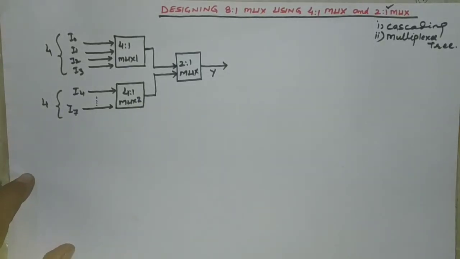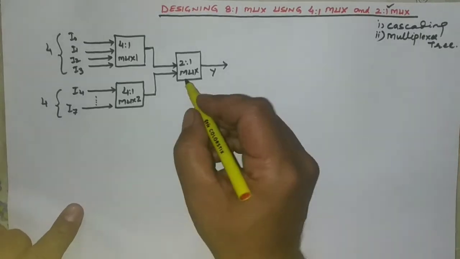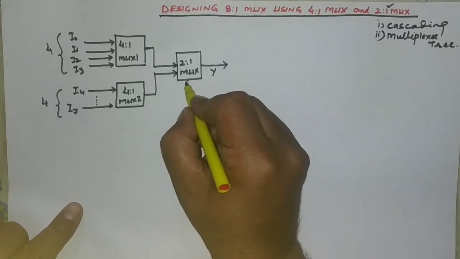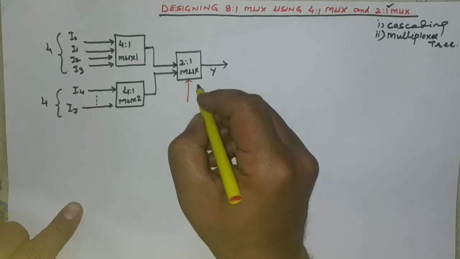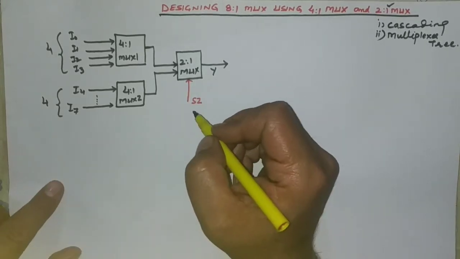Now as for the selection lines are concerned, this is a case of 2 to 1 multiplexer, so we need one selection line, and say for example this is S2.